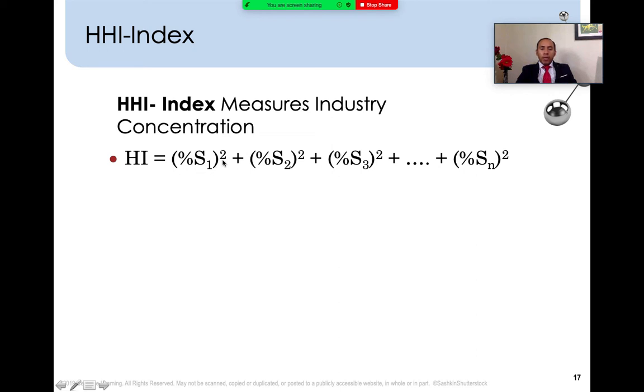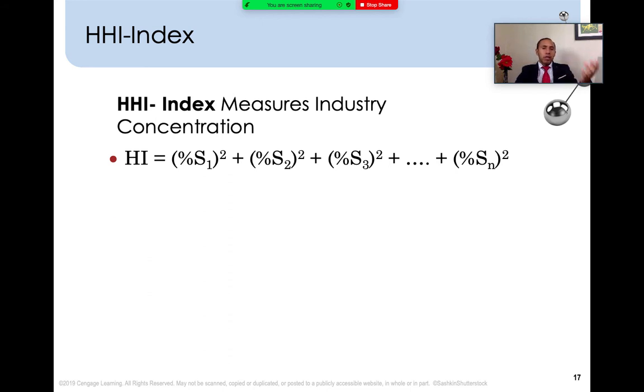We square that market share, and then we drop the percentage, plus the market share of the second firm, plus the market share of the third firm, plus any number of firms. We add them together and square their market share percentage, or their whole number in this case, to get a specific value.